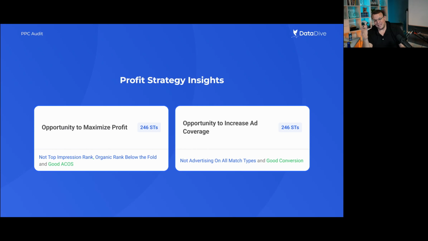But what it's saying here is there's an opportunity for you to go test other match types. Sometimes the phrase does better than the exact. Sometimes the broad does better than the phrase, right? You're going to get more targets out of it. More keywords are going to be hit, but there's an opportunity here. So if a keyword falls in this bucket, it's just going to help you ask some questions around that keyword.